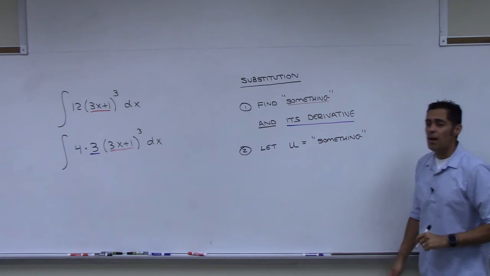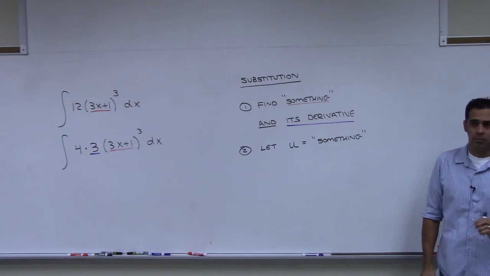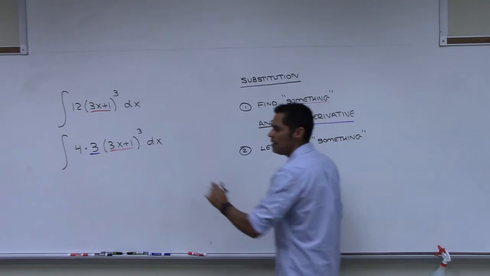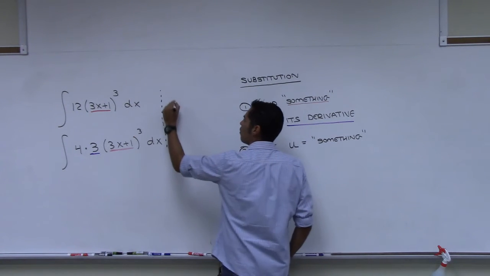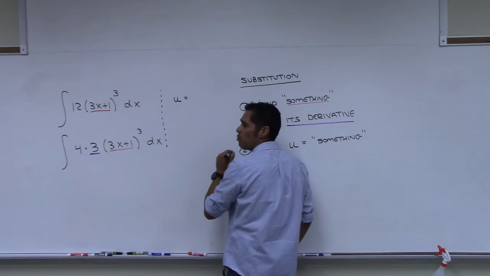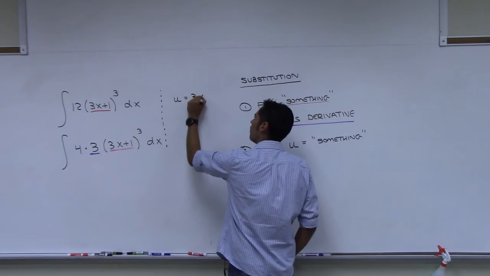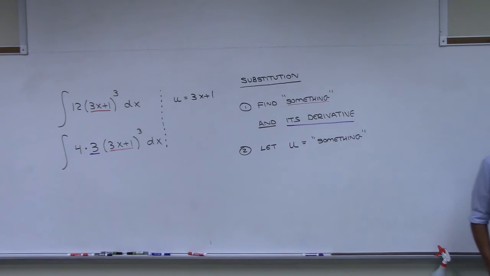Whatever it is that we found, we are going to call it u now. So on the side, separate from this, I'm going to make a substitution. I'm going to let u be equal to 3x plus 1.